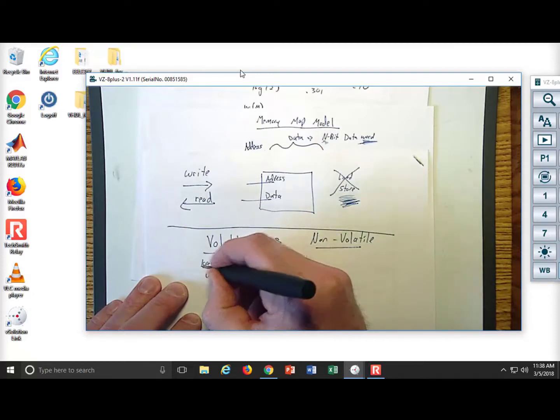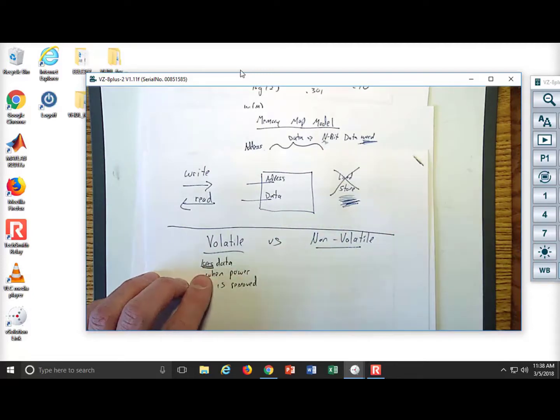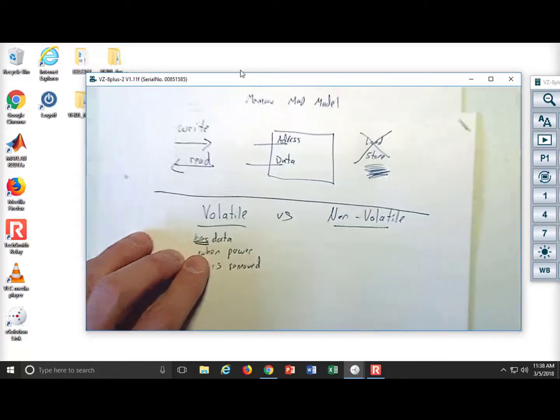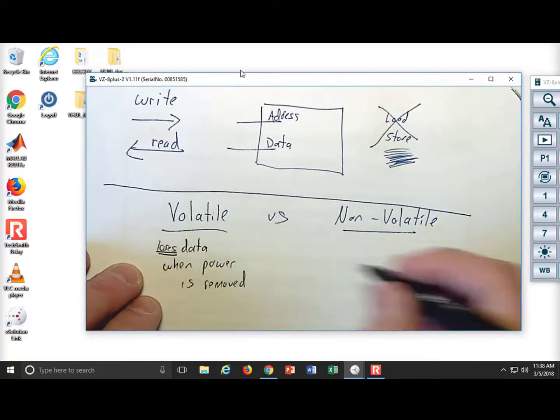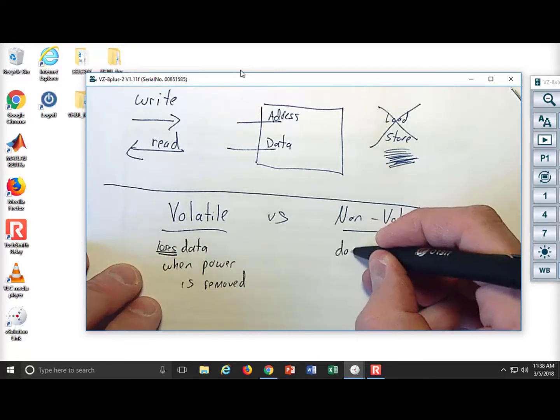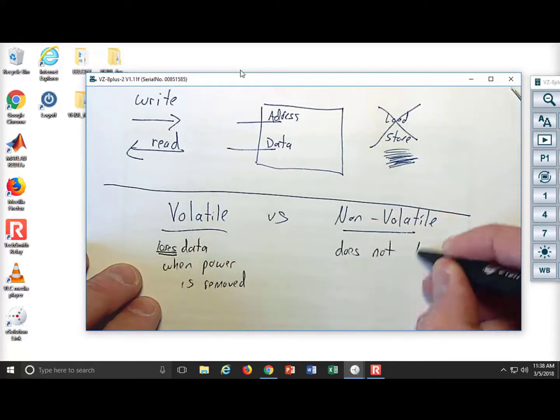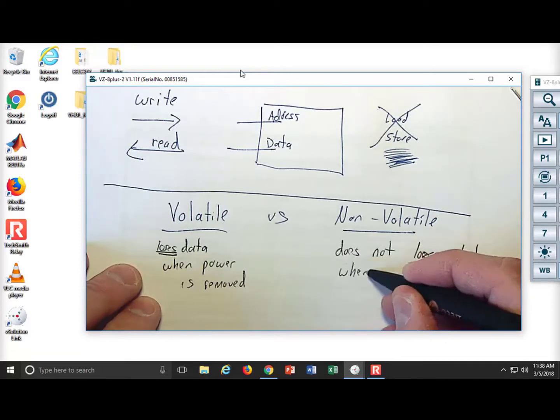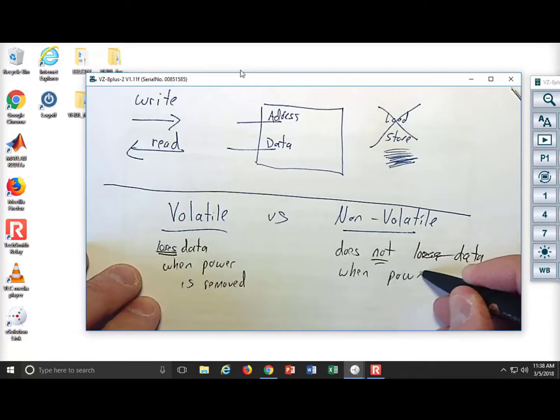Non-volatile does not lose data when power is removed.